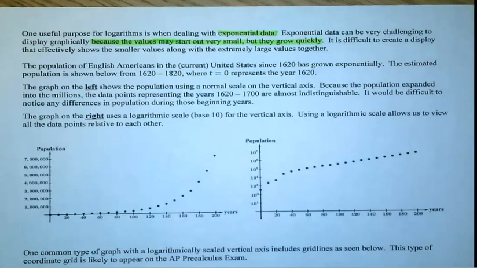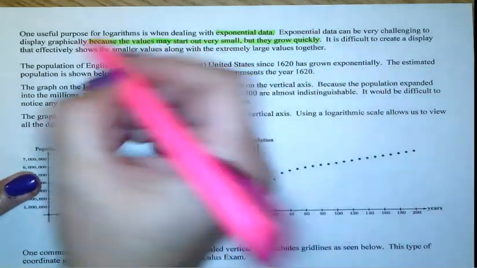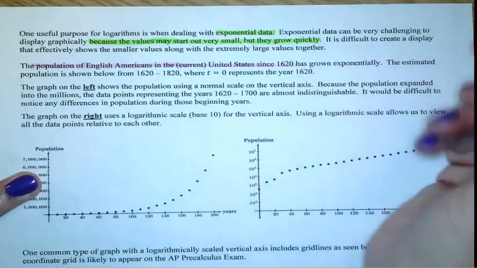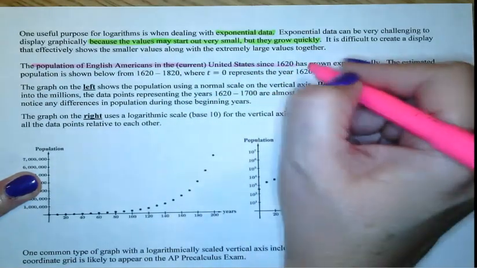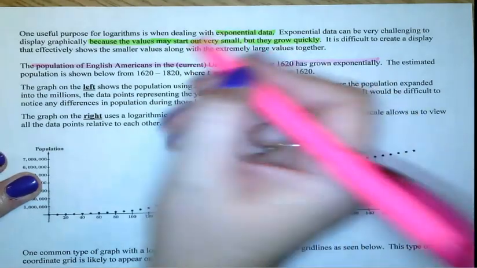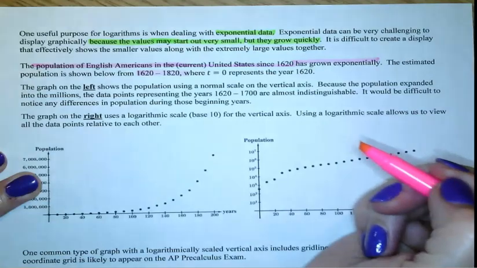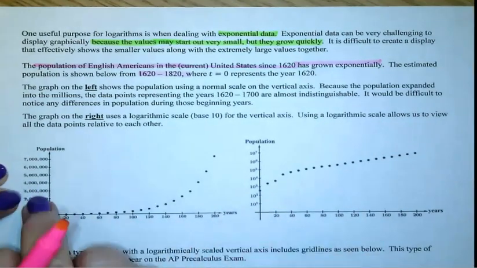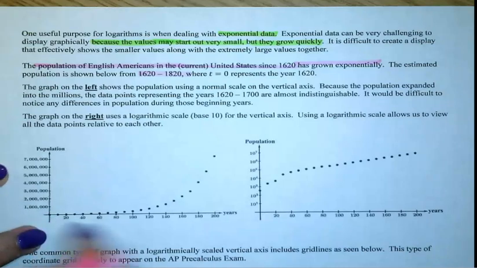So this particular set of data is the population of English America in the United States since 1620, and it's grown exponentially. The estimated population from between 1620 to 1820 is down here on these two graphs. So population is your vertical axis, and the years is your horizontal axis.